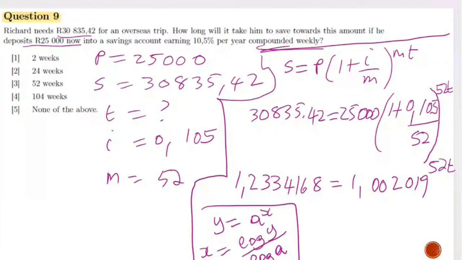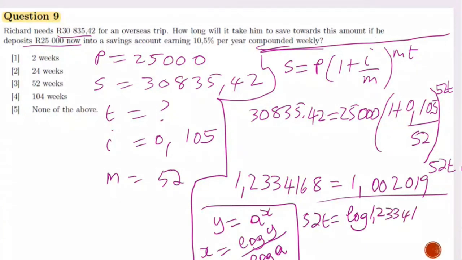That means your 52t is going to be equal to log of 1,2334168 divided by log of 1,002019. Then you plug into your calculator and find your t.